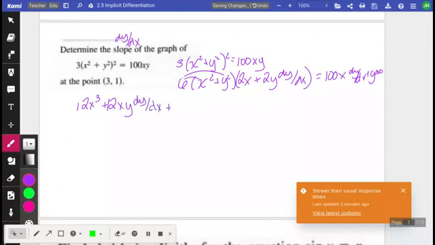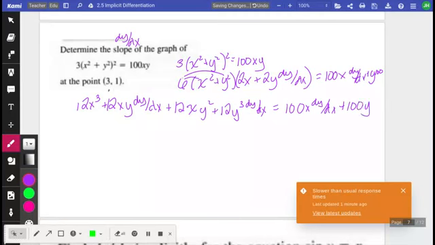Inner will be 12y squared x, or actually I prefer to write them in alphabetical order, xy squared. And then first, outer, inner, and then last we will have 12y cubed dy over dx equal to 100x dy over dx plus 100y.